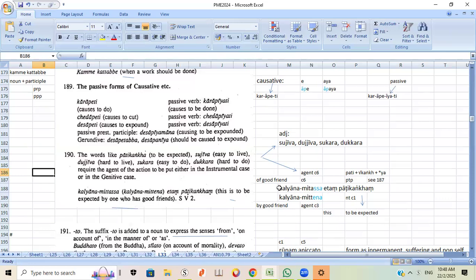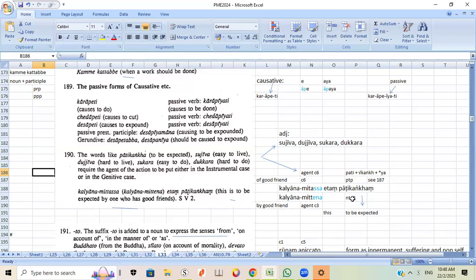Technically, if you take this compound, it's of good friend. If it's using instrumental case, it is kalyana itena, by good friend. So in this case, the book describes it as the agent of action. So I put this is agent C6, agent C3. Like we try to follow exactly so we can digest that.